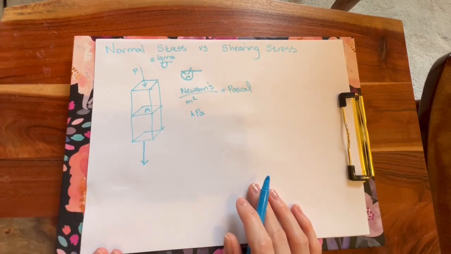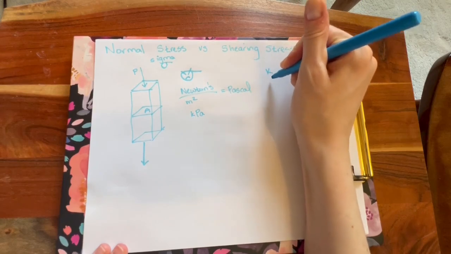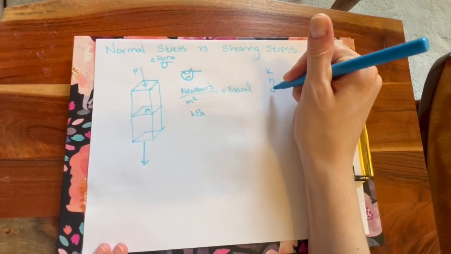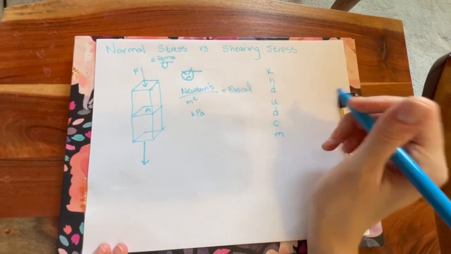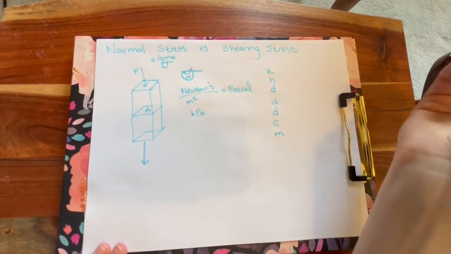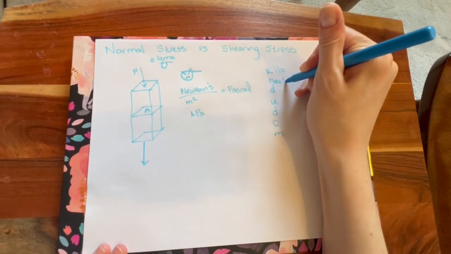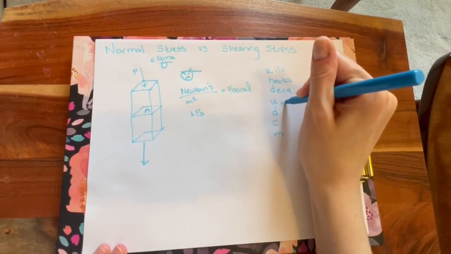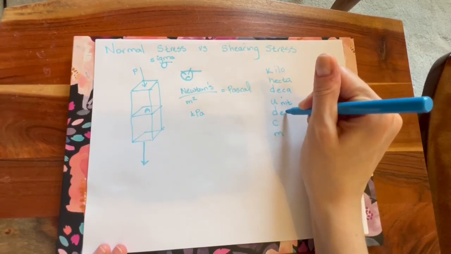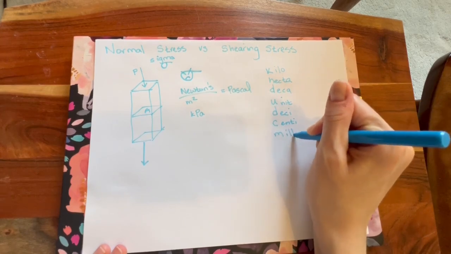One of my professors taught us a mnemonic for remembering the different prefixes: Kitty hides down under Dad's car motor. So we've got kilo, hecta, unit, deci, centi, milli.